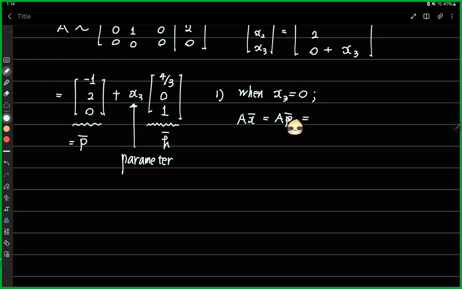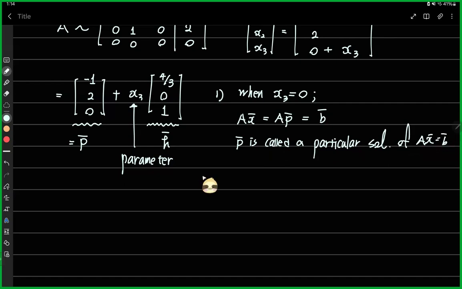If you compute this, you're going to get b. That makes sense. You should get the vector b when you compute Ap. So P is a particular solution of the non-homogeneous system.